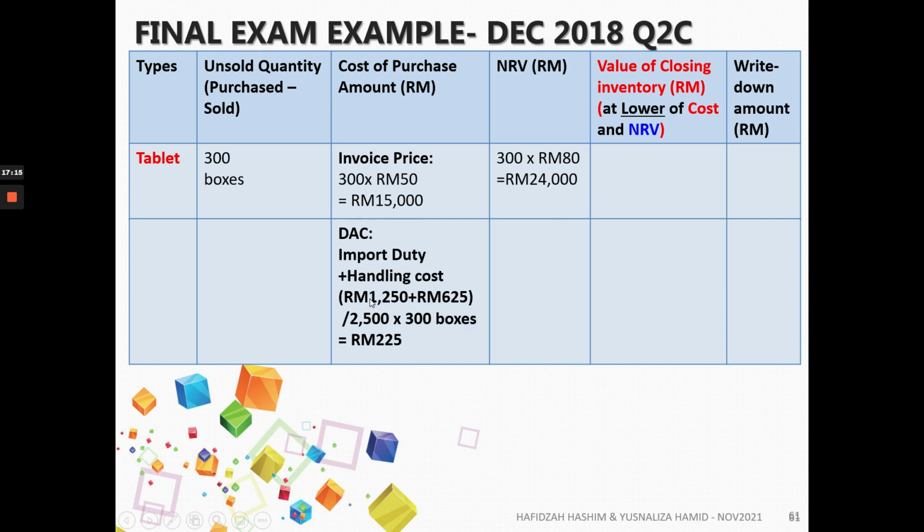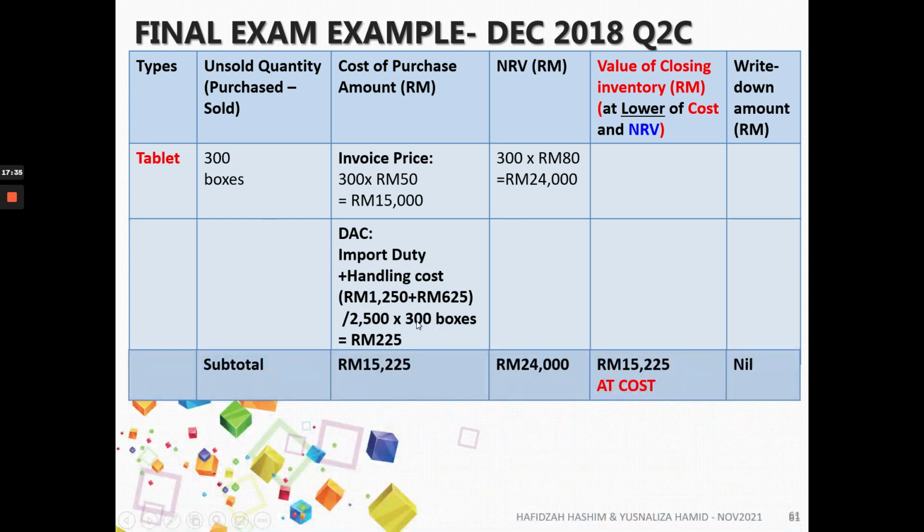But you still have the costs of purchase for the tablet, which is also to include the import duty and handling costs. Apportion them according to the number of items purchased, 2,500, multiplied with the unsold inventories, which is 300. You get 225. Total up that you get 15,225, which is the result of these two.